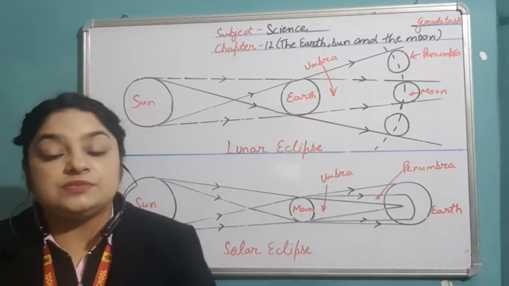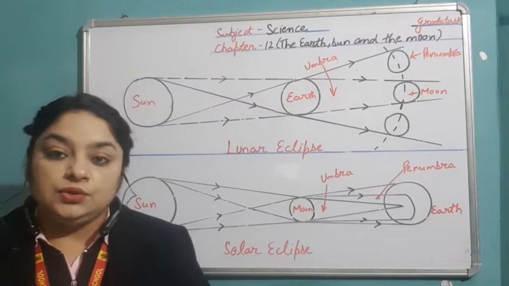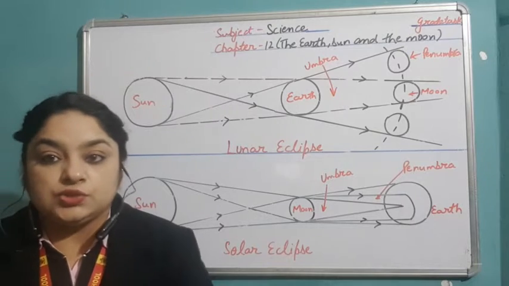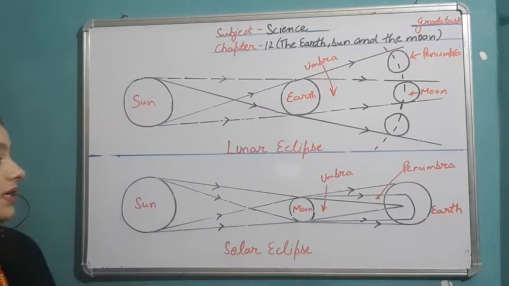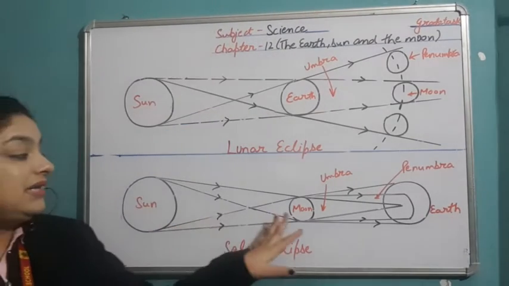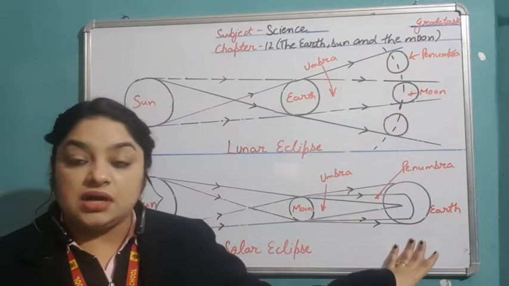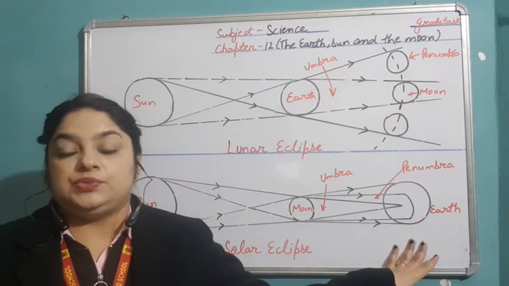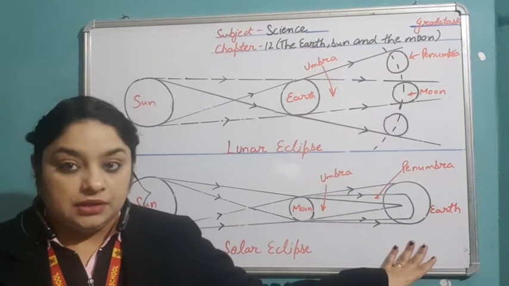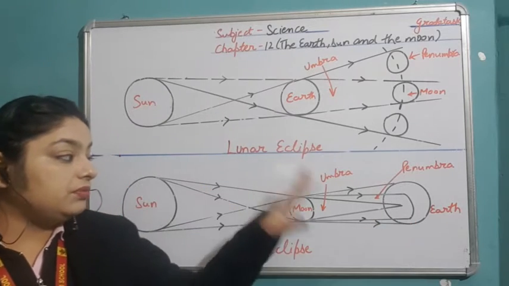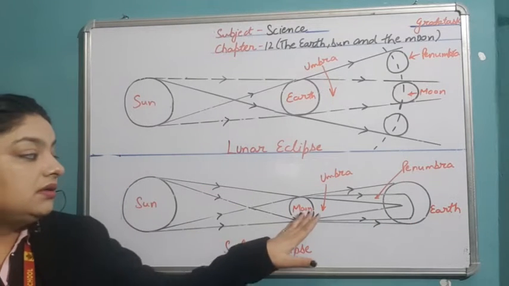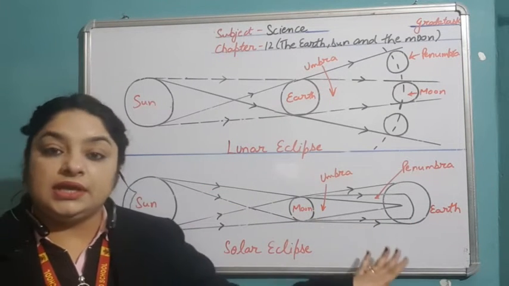Now solar eclipse is further of two types: total solar eclipse and partial solar eclipse. Total solar eclipse is when a dark shadow of moon falls on the earth and it's very dark, the sun is not at all visible from the earth. That is known as total solar eclipse.